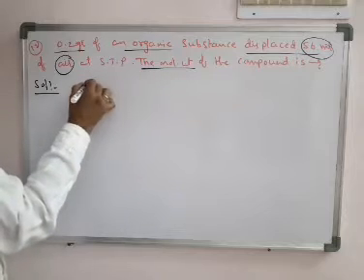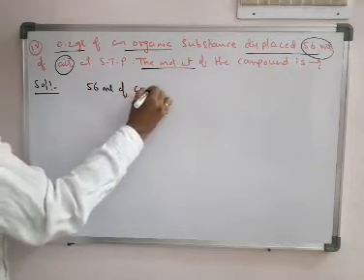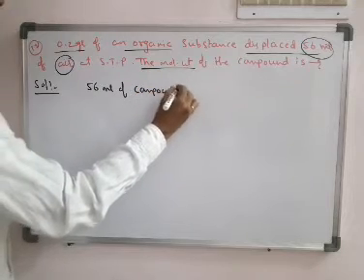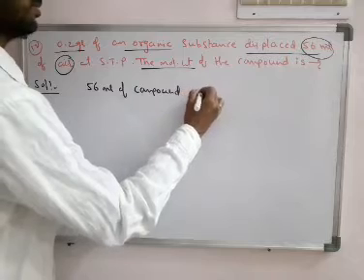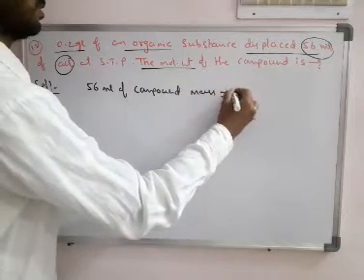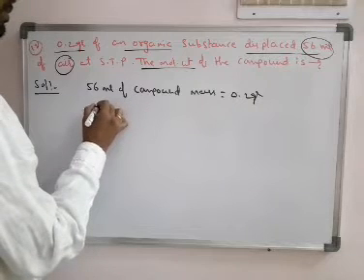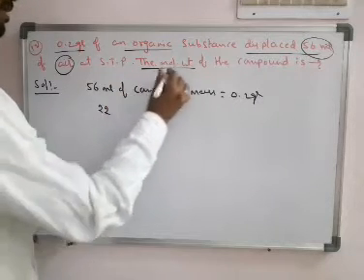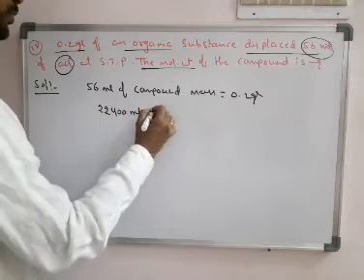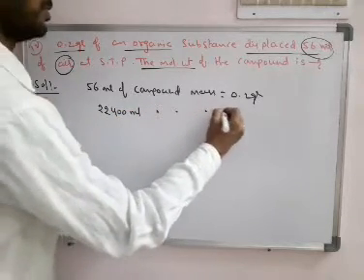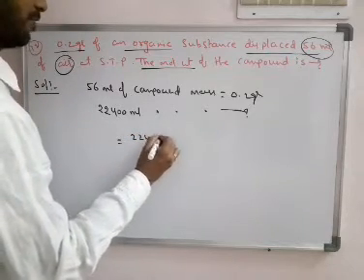So with the help of the given information we can write: 56 milliliters of the compound has a mass of 0.2 grams. To calculate the molecular weight, we have to follow the STP condition, that is, 22,400 milliliters of the compound's mass, how much, which is directly treated as the molecular weight.